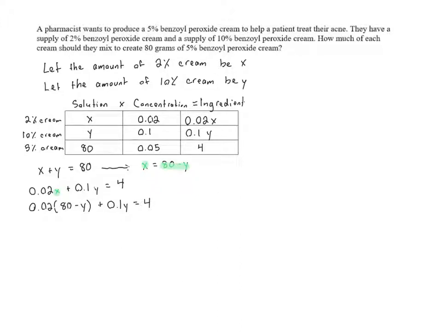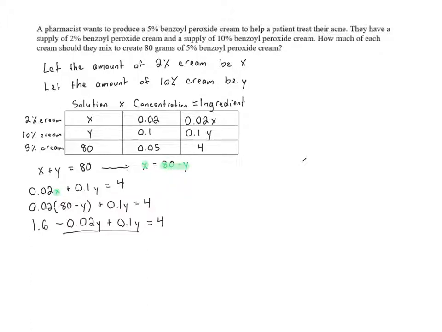We need to distribute the 0.02. 0.02 times 80 is 1.6. So this gives us 1.6 minus 0.02y plus 0.1y equals 4. At this point, we can combine like terms on the left-hand side.